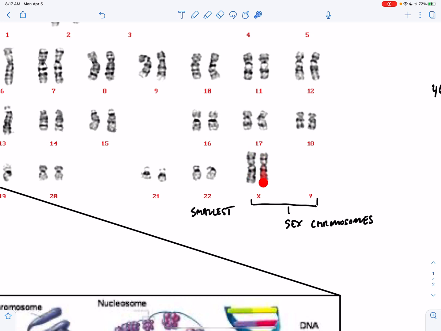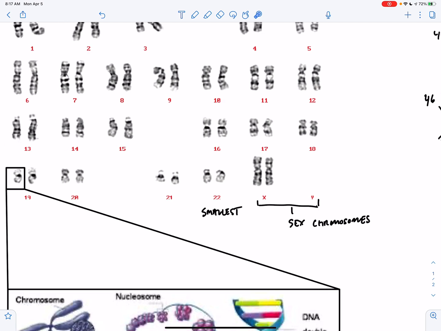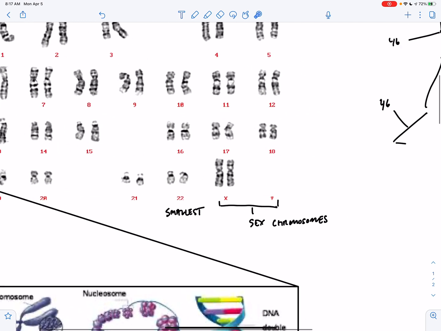Okay, so if you have two X chromosomes, then you are female, and if you have an XY, then your sex is male. Not all people who are XY, for example, even present phenotypically as male.